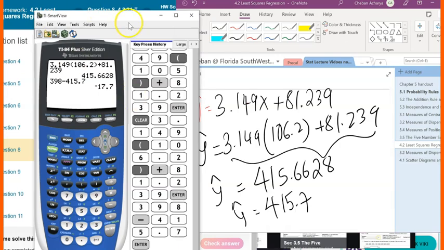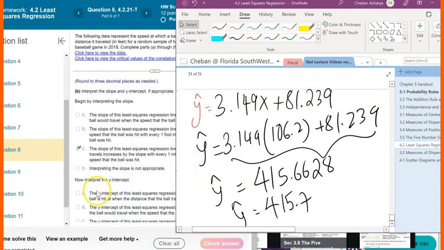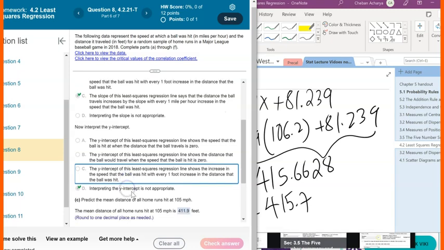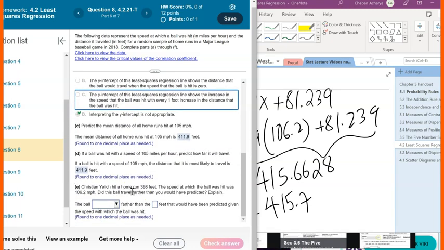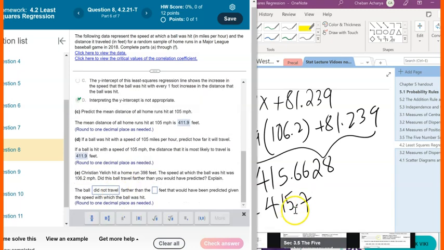Okay, that's the predicted distance, but the ball exactly traveled 398 feet. This is less than the predicted distance, correct?